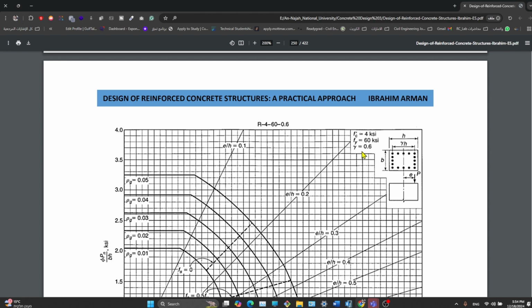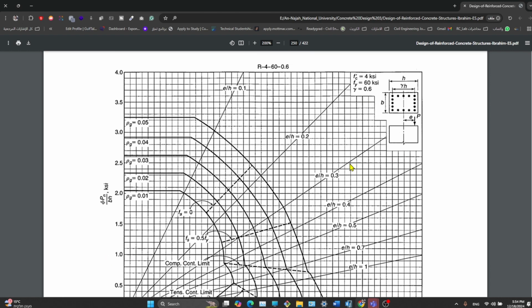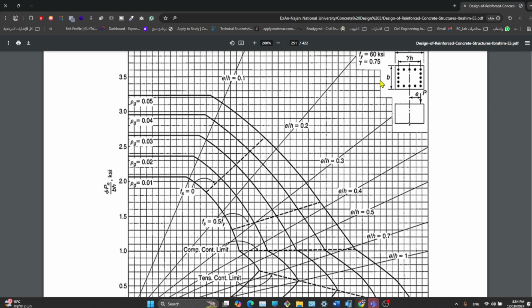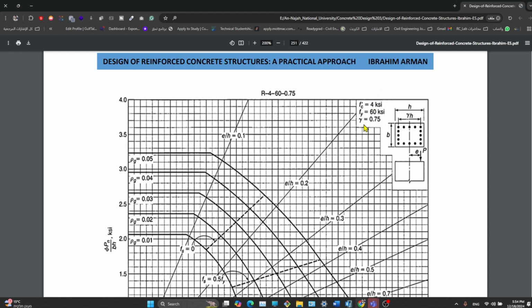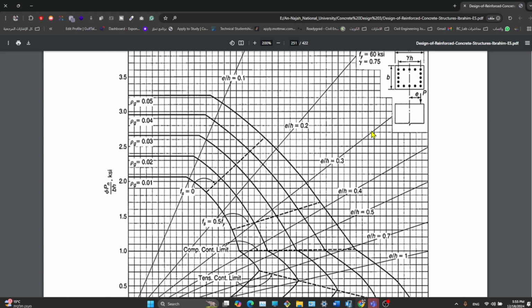Okay. We have 0.6 gamma and we have 0.75 gamma. We don't have 0.7, so simply we need to take an interpolation. I will not make the interpolation because it's very simple, but I will focus on the concept. Assuming it's 0.75, we have 0.23 and 0.93, right?